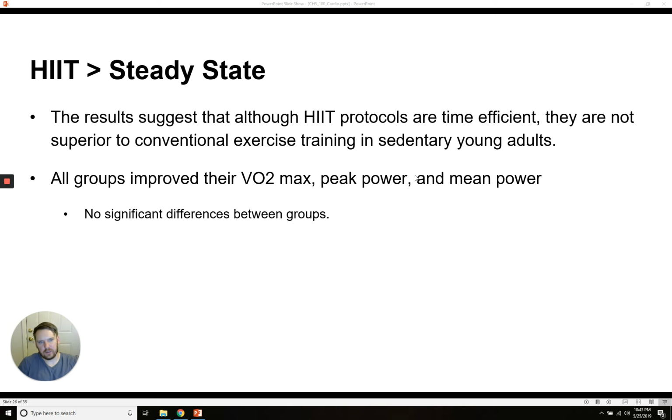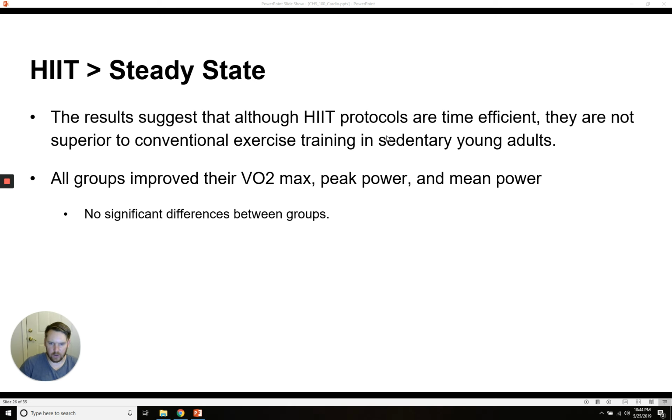And the results here suggested that although the high intensity interval training programs are more time efficient, they're not superior to conventional exercise training in sedentary young adults. They found that all groups improved their VO2 max, their peak power, and their mean power, and that there were no significant between group differences.